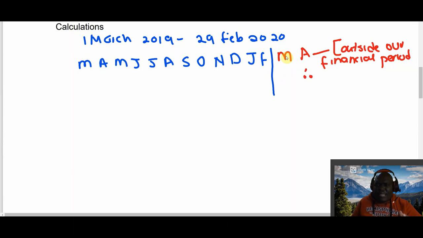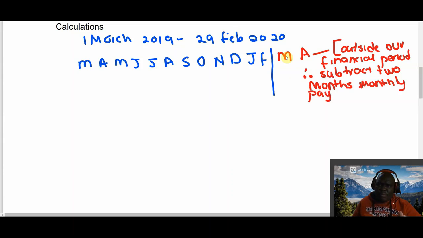So we must therefore subtract 2 months' monthly payment. But in this case, we must also pay attention to the increase.